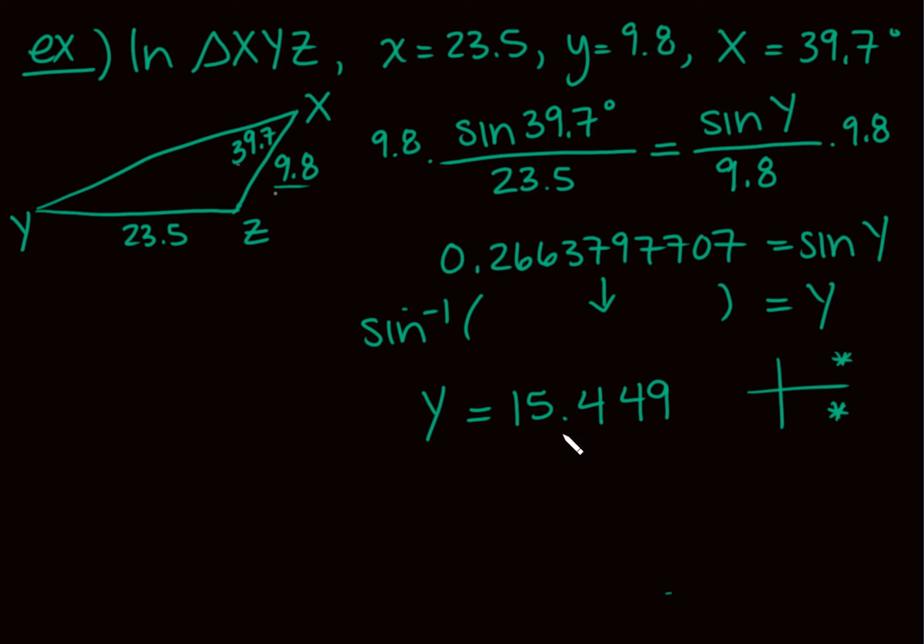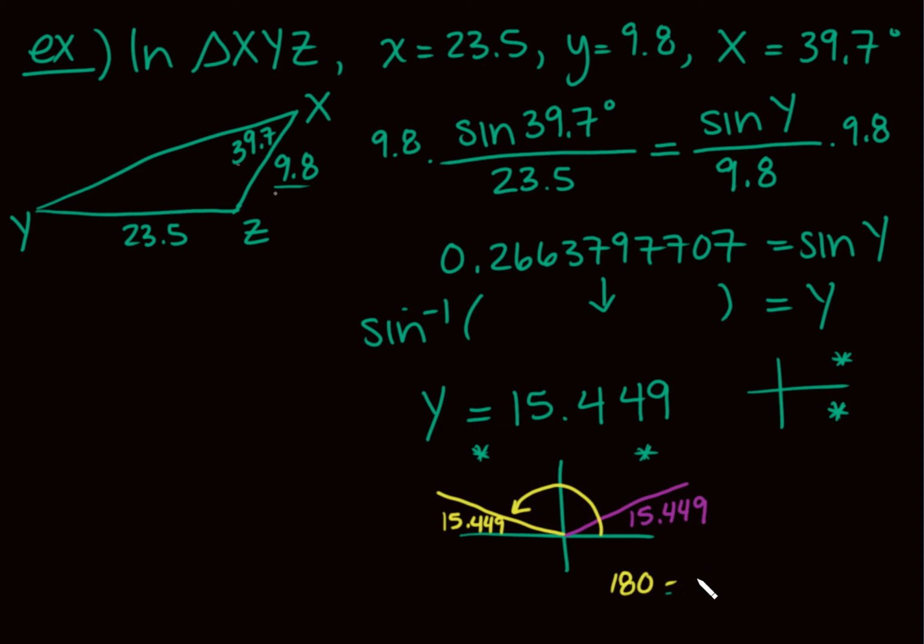So I have to consider this 15.449. Where is sine positive, people? Sine is positive in 1 or 2. So my calculator gives me 15.449. But my angle y could also possibly be the angle whose reference angle is 15.449, right?